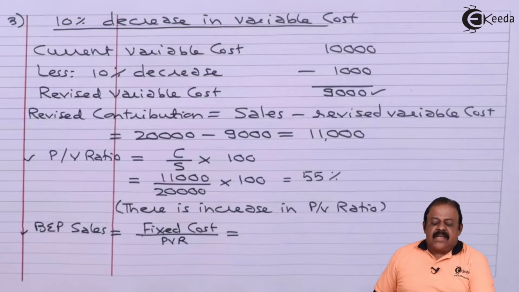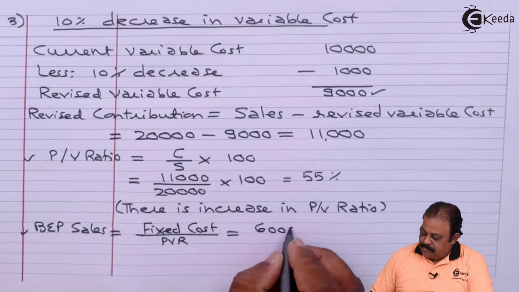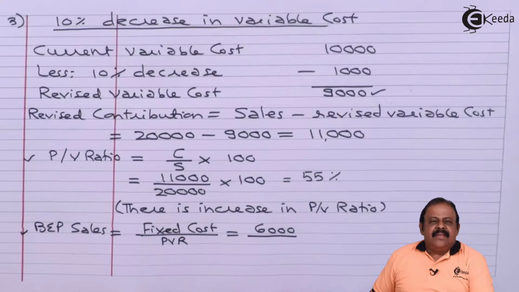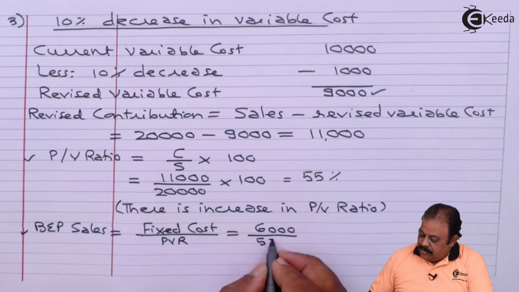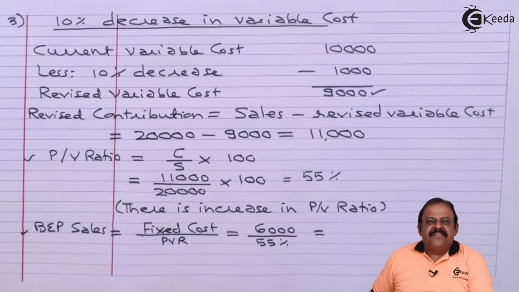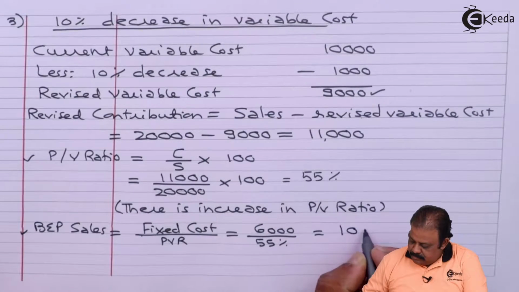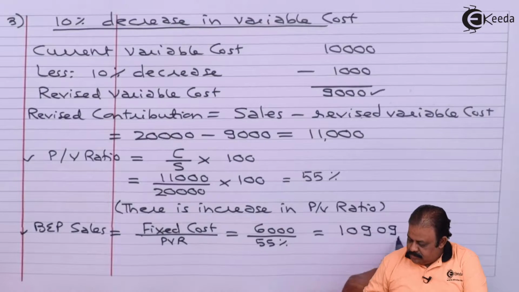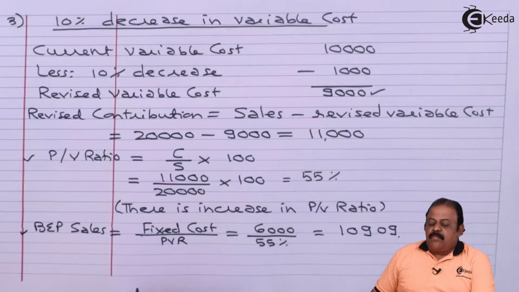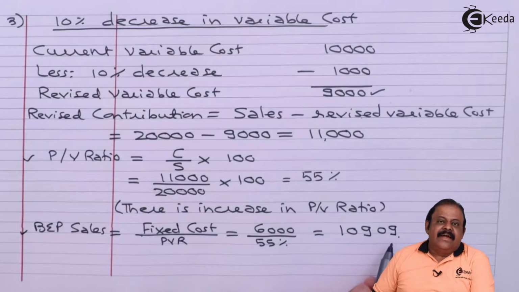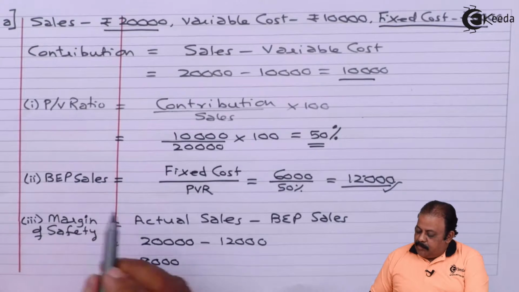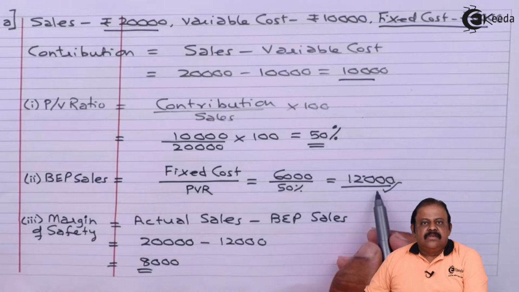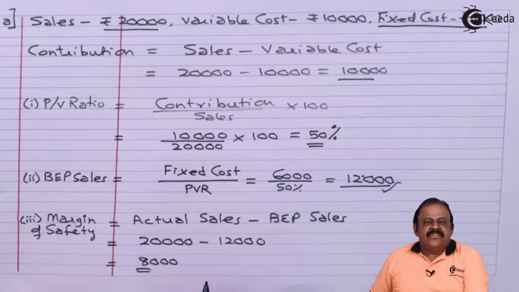It remains the same, 6,000, divided by revised PV ratio 55%. So revised break-even point sale is 10,909. Original break-even point sales was 12,000. Revised break-even point sales has decreased because there is a decrease in variable cost.